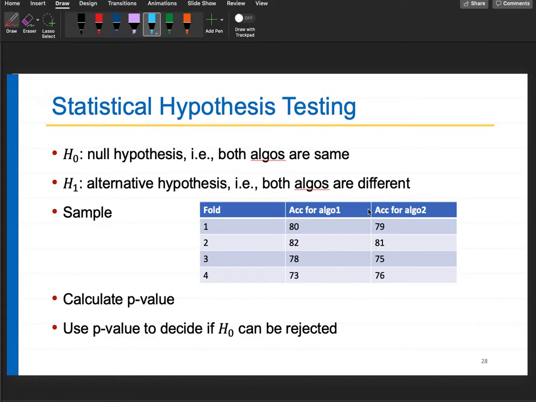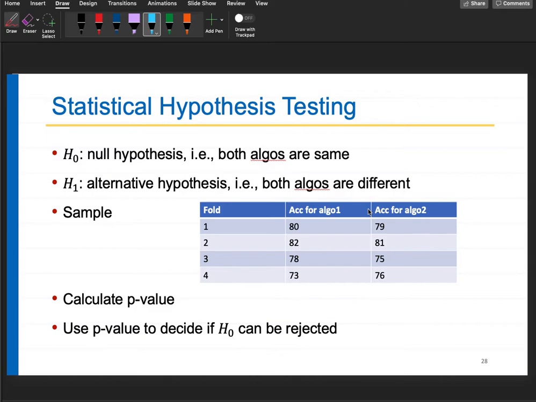Okay, so these are the steps. First, you formulate your hypothesis, collect samples, collect the 5 samples or whatever number of samples you want. Then you compute a scalar measure called a p-value to quantify your confidence, and then use this p-value, basically compare it with a standard or threshold.